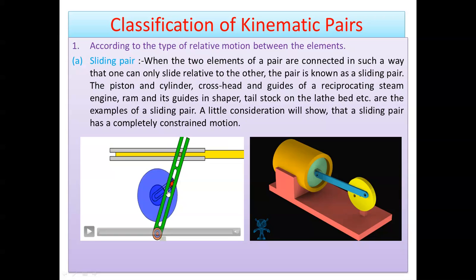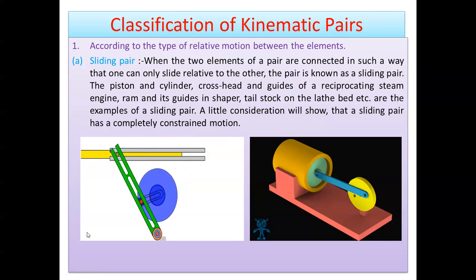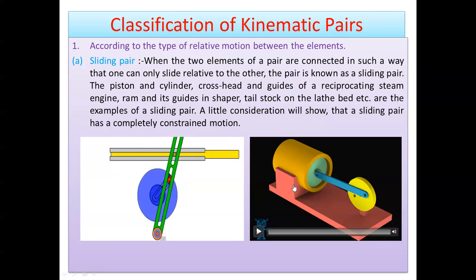The first one is the sliding pair. Considering this animation for this pair, you can see the motion here. Similarly here also you can see the motion. Now when the two elements of a pair are connected in such a way that one can only slide relative to the other, as in the figure, this pair is known as a sliding pair.